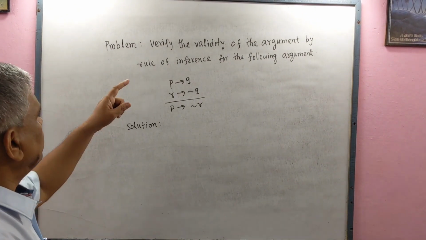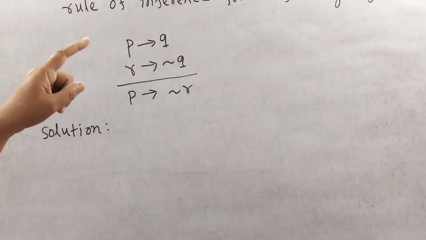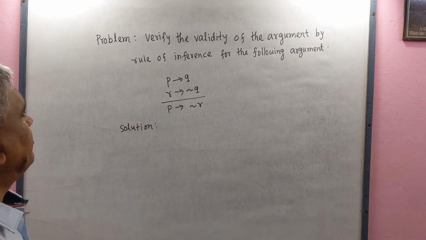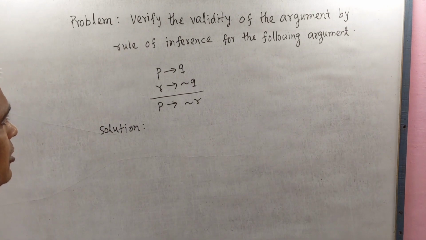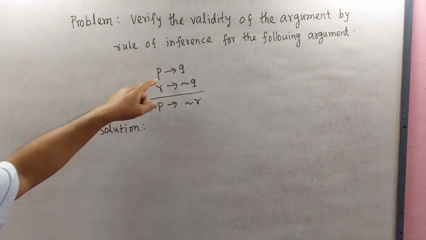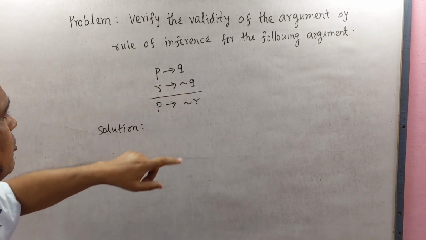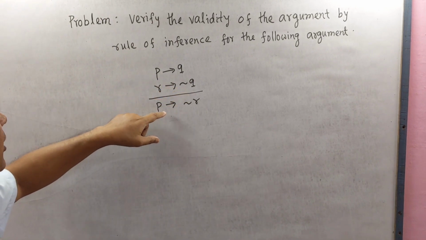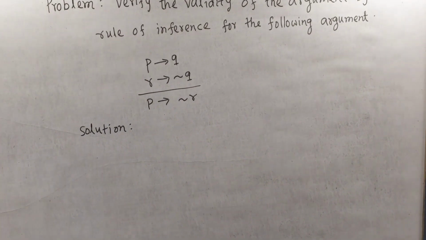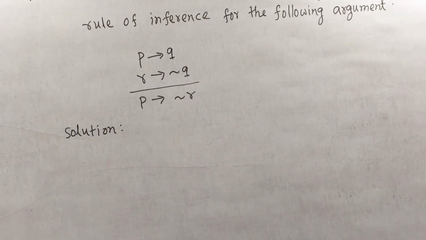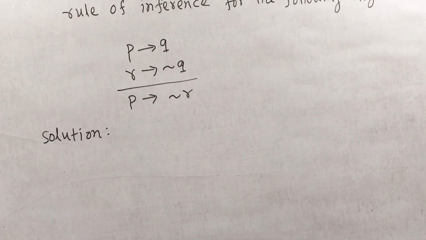Problem we will solve. Verify the validity of the argument by rule of inference for the following argument: P implication Q, R implication negation Q, and conclusion P implication negation R. We have to verify the validity of this argument by rules of inference.